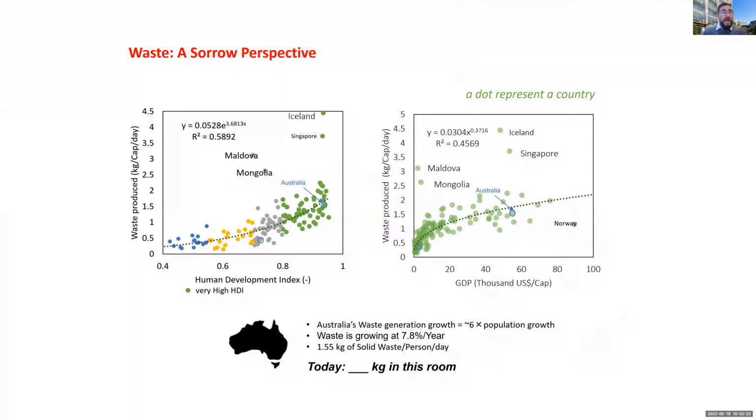As you are fully aware, waste is a big problem. It's a big challenge, not just for Australia, but globally. As you can see on this slide, which my research group has put together, collecting data from different countries, it shows their development in correlation with waste generation. On the y-axis, you can see the waste generation.